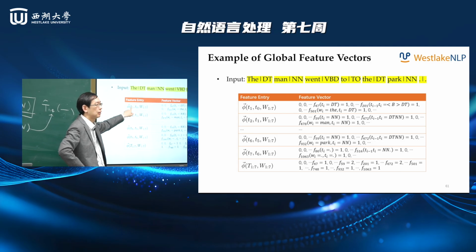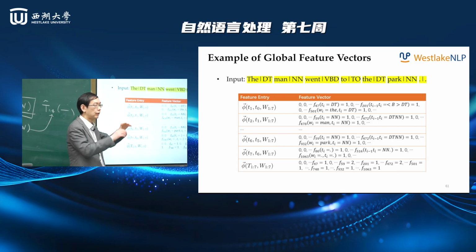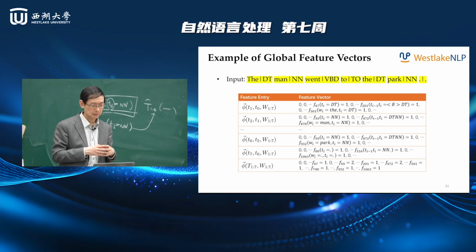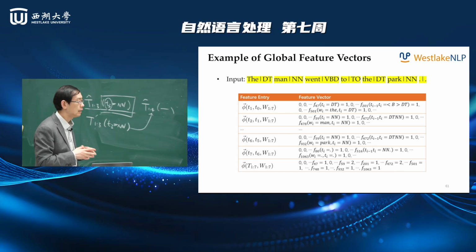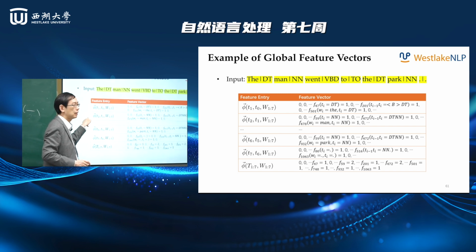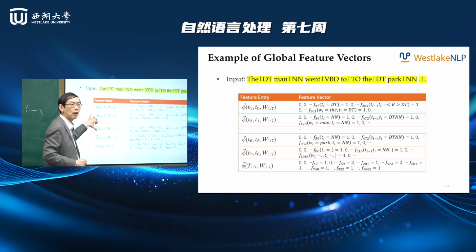It's about "the" and the determiner, right? So we use the same feature templates as MEMM. Do you remember? Tag-tag transition, single tag, the 5-word window and tag, prefix and suffix and tag, hyphen and case for tag. Okay, I got a long vector here. And T2 given T1, I got another representation vector, until the last tag, okay? I got 7 feature vectors, each one to represent one tag, right?